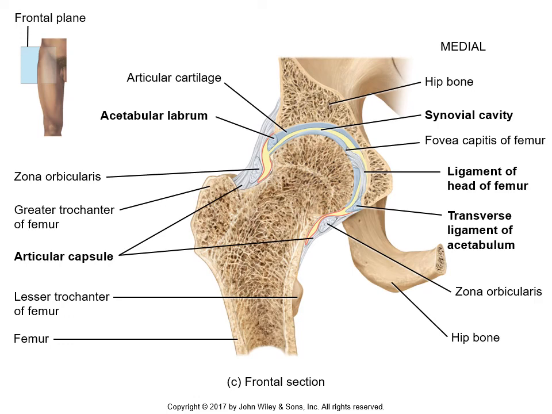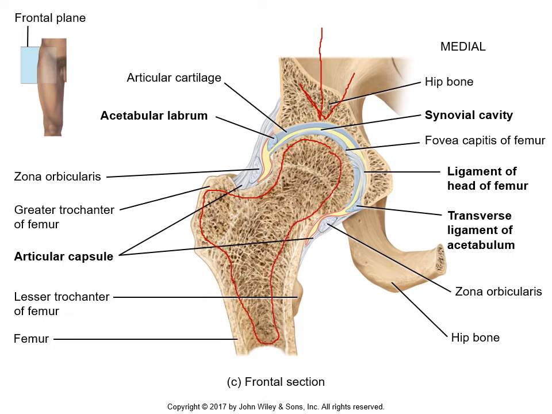all the weight of your upper body is pushing down directly on the top portion of the hip, or this femoral head. Now, when we look in through here, we see all of this spongy bone.